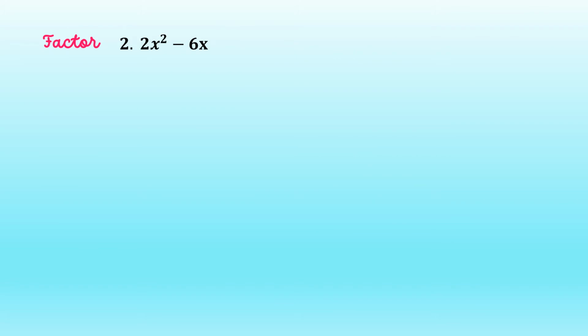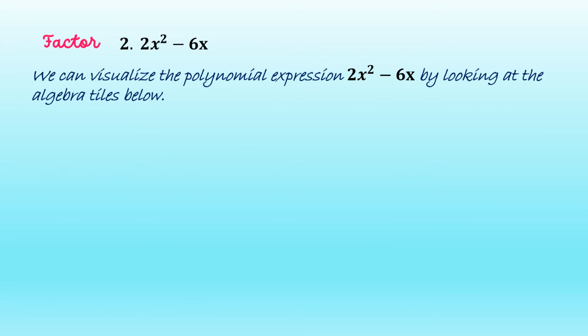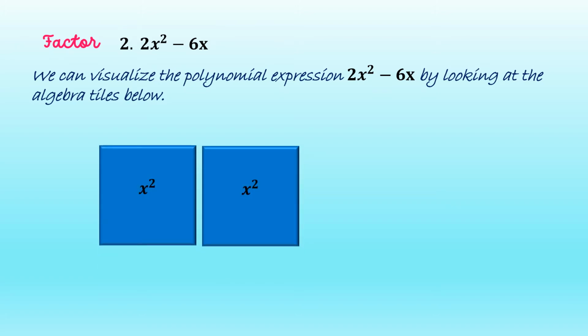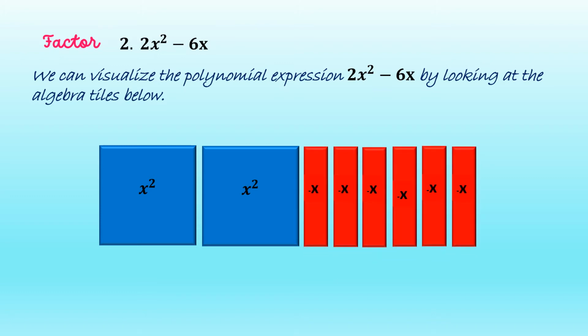To factor 2x squared minus 6x, we can visualize the polynomial expression by looking at the algebra tiles below. So we have 2 x squared tiles, or quadratic tiles, and 6 red x tiles to represent negative 6x.